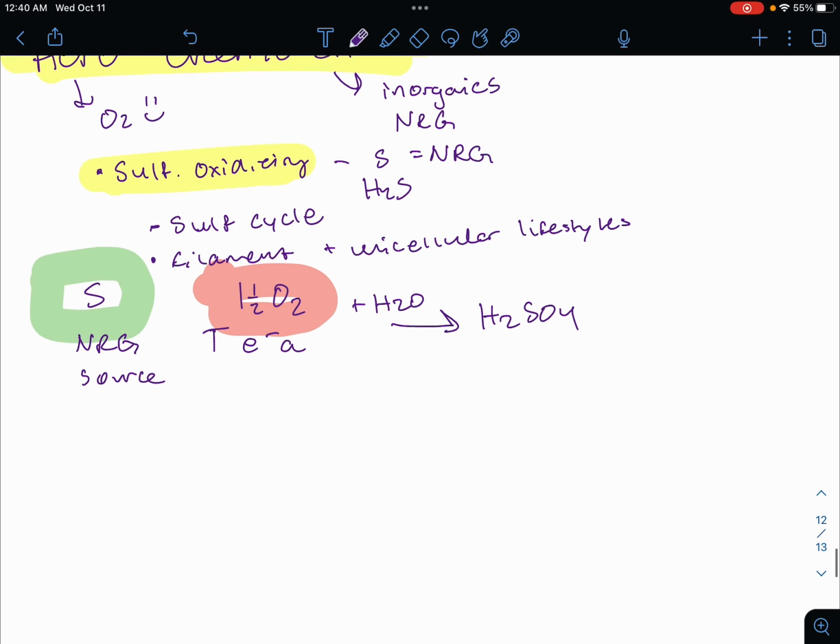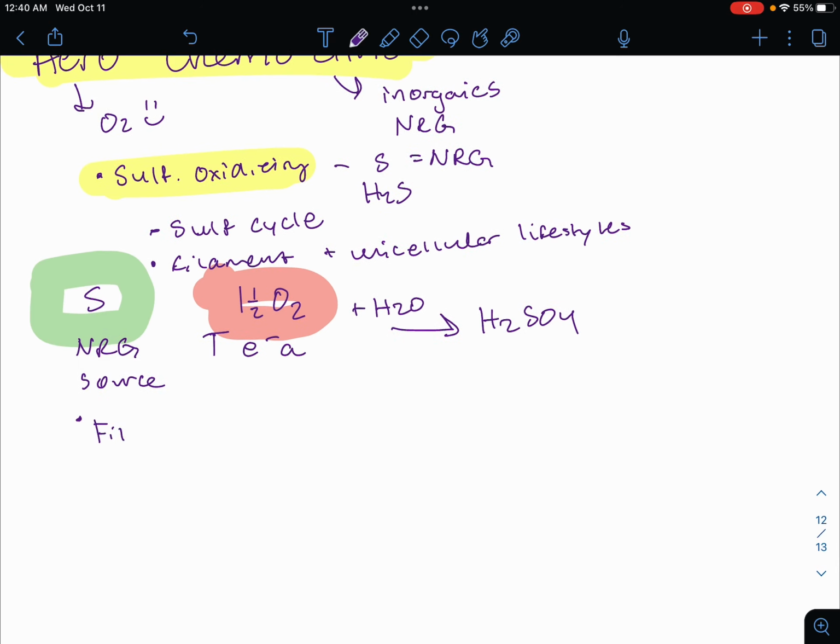Right, let's talk about filamentous sulfur oxidizers, or FSOs. These are going to be using intracellular granules for sulfur.